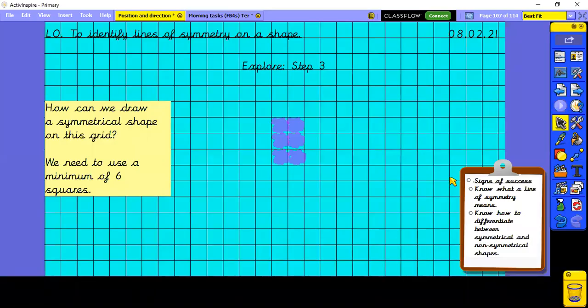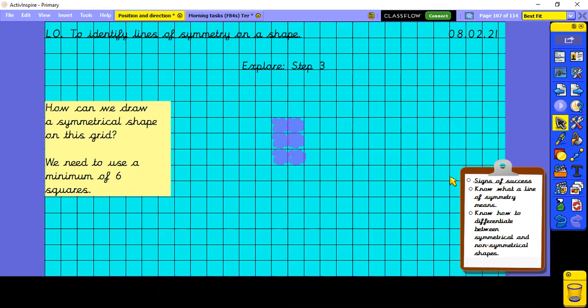Okay, Year 5. So as you can see now, I've put on the screen a sketch of a symmetrical shape using a minimum of 6 squares. And just because I've said minimum of 6 squares, that doesn't mean you can't use more. So as you can see, I've thought about what shapes are symmetrical. And the first one that popped into my head was a rectangle.